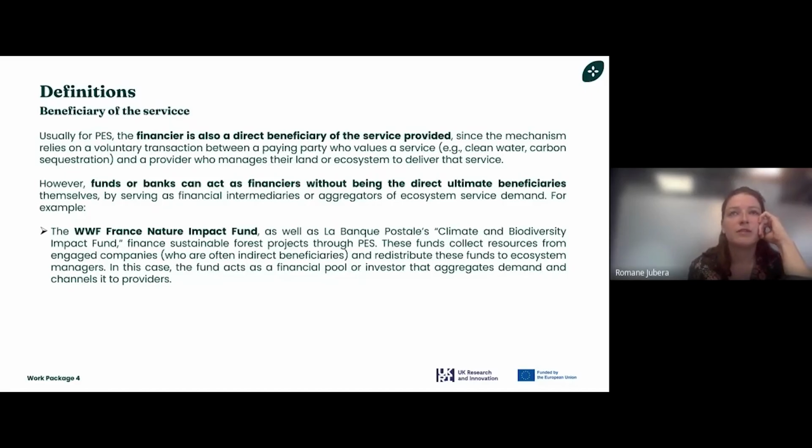So, for instance, we have an example with the WWF France Nature Impact Fund that finances sustainable forest projects through PES. And so funds are collected from the engaged companies, who are often indirect beneficiaries, and redistributed to ecosystem managers. So in this case, the fund acts as a financial pool where investors can aggregate their funding, and it channels it to the providers of the ecosystem services.